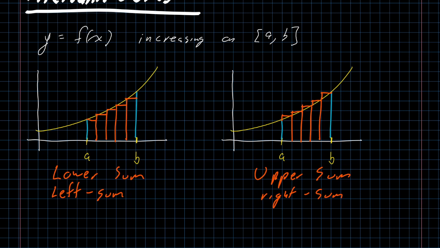My lower sum has underestimated the area in every single bit. Right? There's all of this bit in all of these triangles that is underestimating the area. My right sum is overestimating the area. And the actual area is going to be somewhere in between.